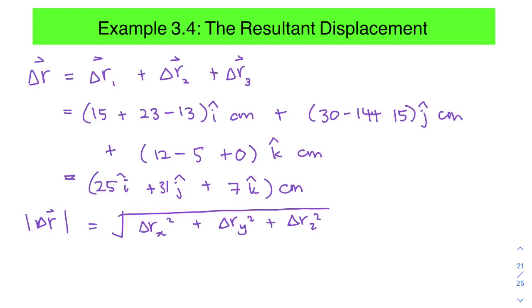Right. So what is the value? Square root of 25 squared plus 31 squared plus 7 squared, right, gives you 40 centimeter.